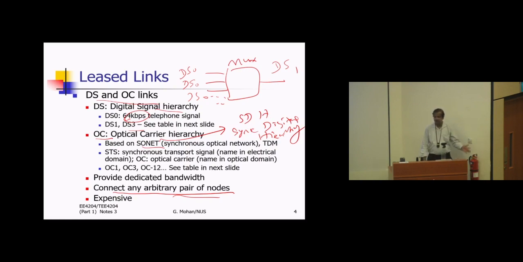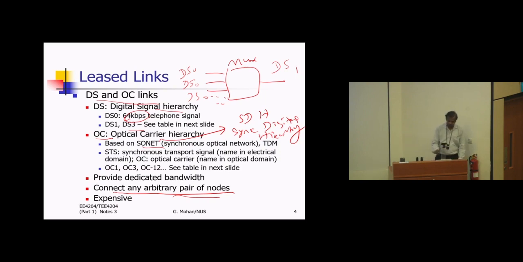SONET is used in North America, SDH is used in Europe and Asia. Concept-wise, there are many close similarities. So whatever we discuss about SONET, we are not going into much detail, but at a high level, these discussions are relevant for SDH as well.